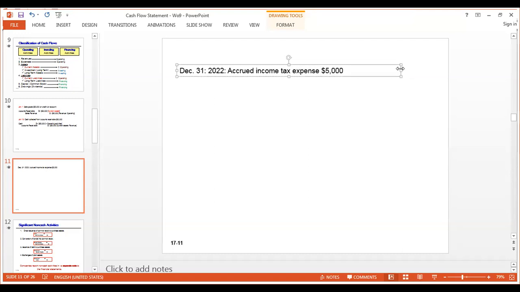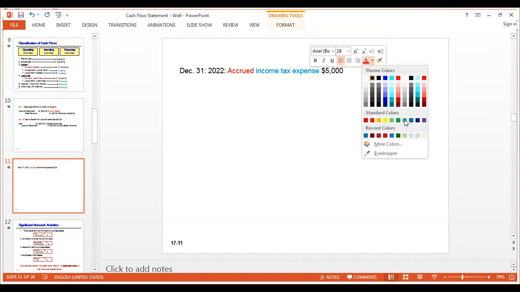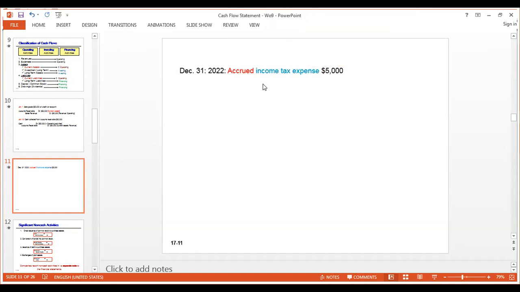What is the meaning of this transaction? What is the meaning of the word accrued? We already know that income tax is our expense, right? Two pieces of information here. Income tax expense, it is accrued, right? And when? It is December 31st, 2022.